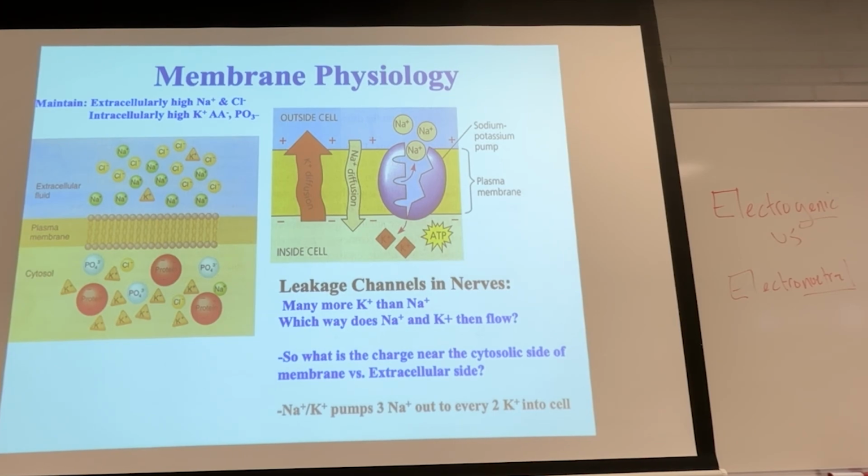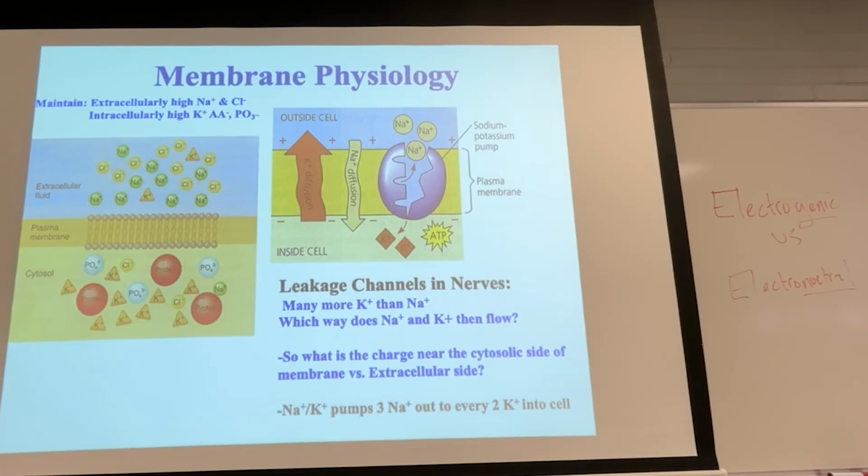Another ion that's really critical that we are going to talk a ton about is calcium. Calcium is another really important ion, and there is almost no calcium in the cell. Calcium is strictly regulated. Most calcium is either found extracellularly or it's stored in an organelle, the smooth endoplasmic reticulum.